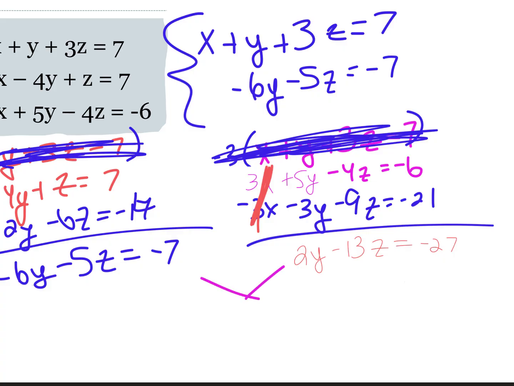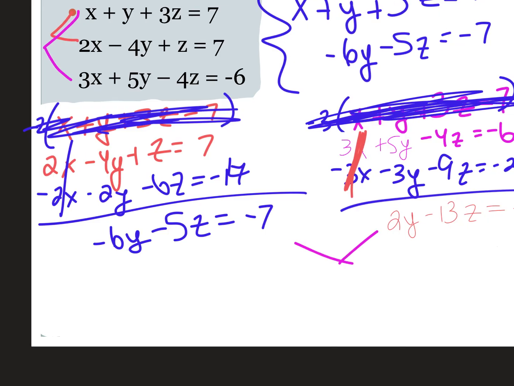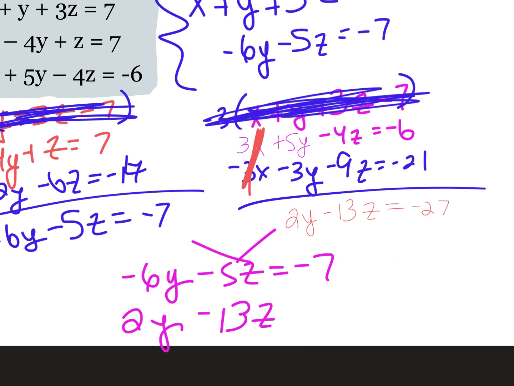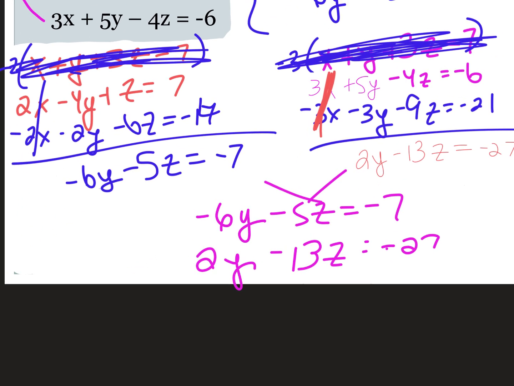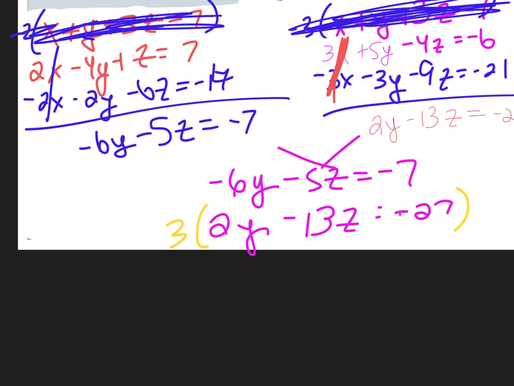So I'm now going to combine these two. Doesn't matter how you write them: negative 6y minus 5z equals negative 7, and then I have 2y minus 13z equals negative 27. I'm going to multiply my bottom equation by 3. So 3 times 2 is 6y minus 39z equals negative 81.